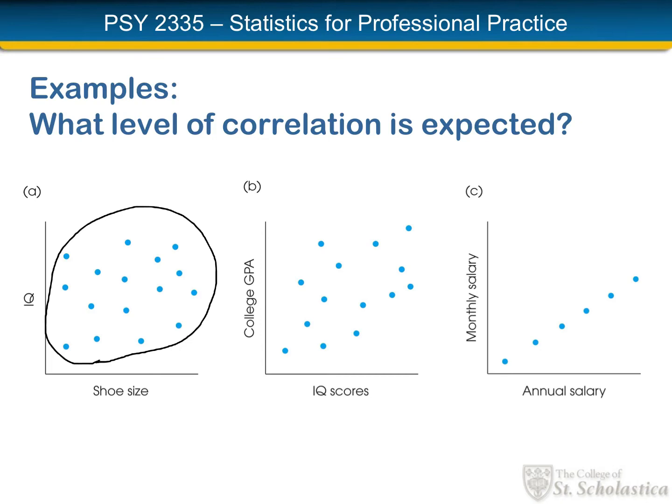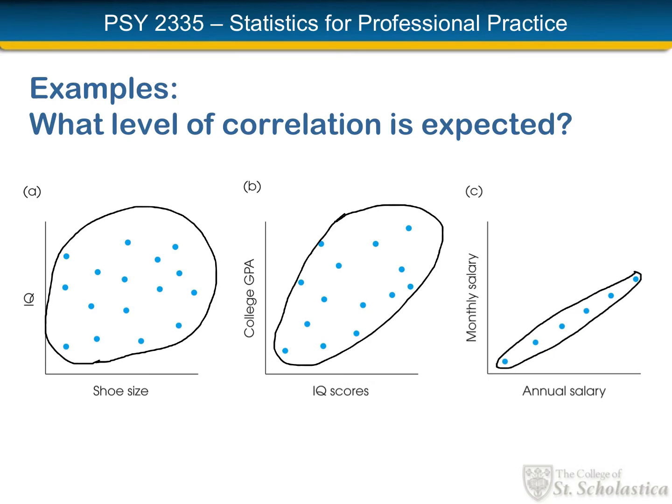On the other hand, IQ scores are probably related at least somewhat to GPA, but as we've seen from studying Carol Dweck's mindset information, we also know that there's a possibility of growing your intelligence and your skills through effort, and so we expect to see some variability and not pure determination. On the other hand, something like your annual salary relative to your monthly salary is almost a one-to-one correspondence.